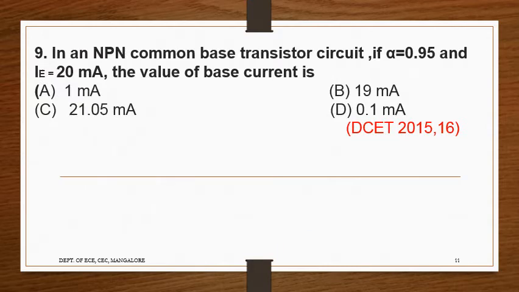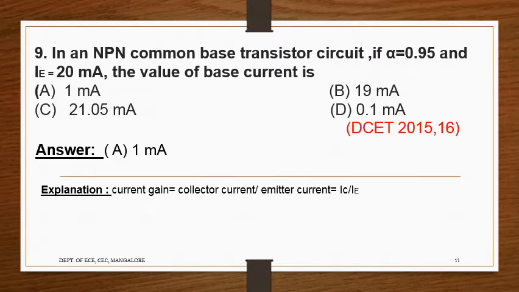In an NPN common base transistor circuit, if alpha is 0.95 and IE is 20 milliamps, what is IB, the base current? 1 milliamp, 19 milliamps, 21.05, D, 0.1 milliamps. The answer is 1 milliamp. Current gain is collector current by emitter current.